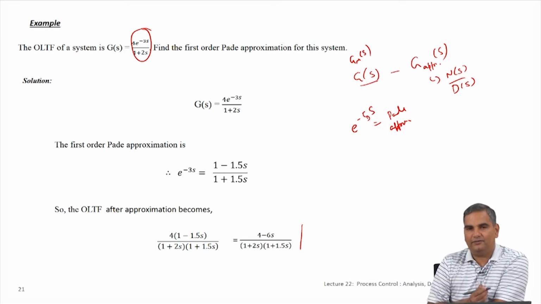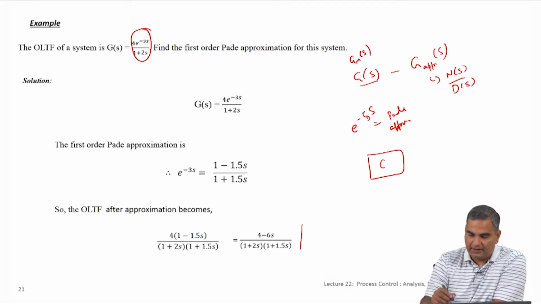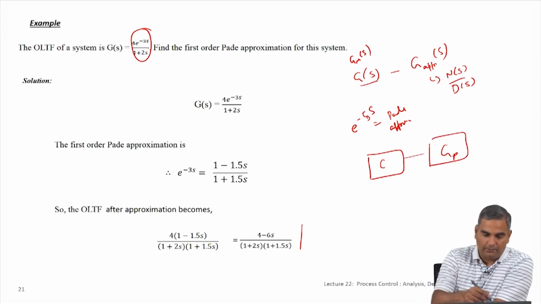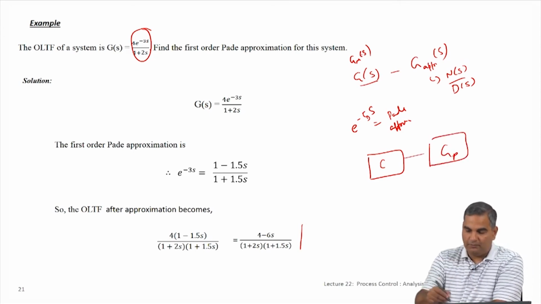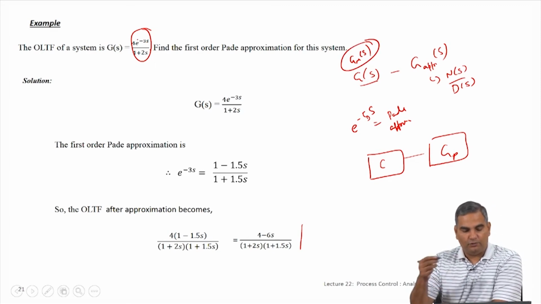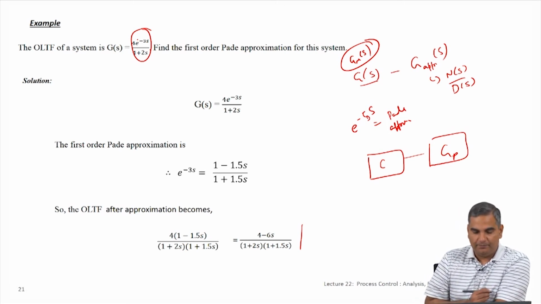Once you have that controller, if you want to analyze it for a true process, then in the control loop I have a controller which is derived based on a model, for which I got an approximation based on Pade approximation, and the G P could even be slightly different from the original model that you took. It could be 4 times e power minus 2.5s, so you kind of wrongly estimated the delay, let us say.